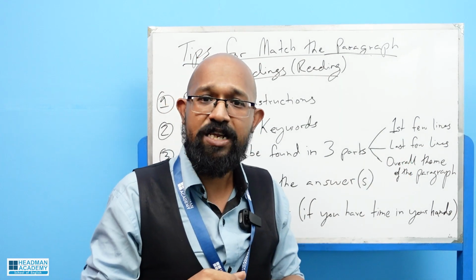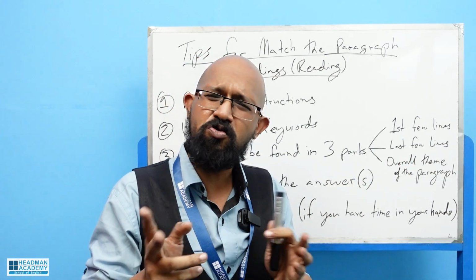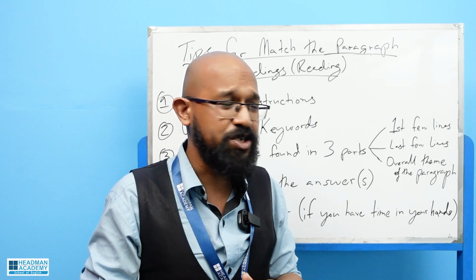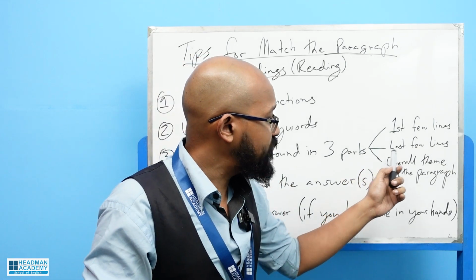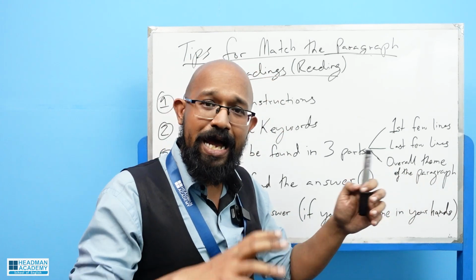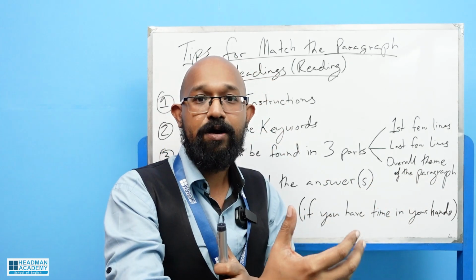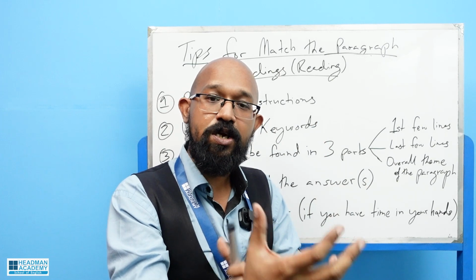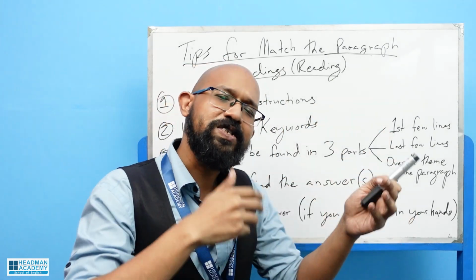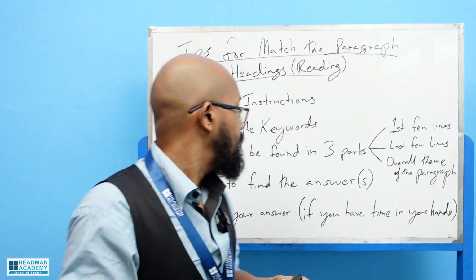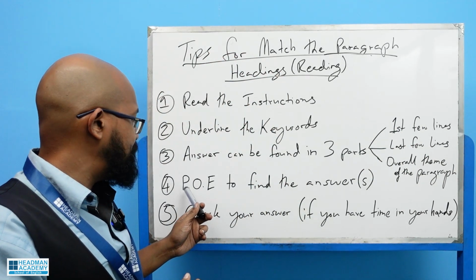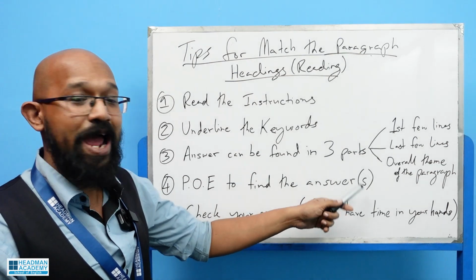What I mean by first and last few lines is about 2 to 4 lines on average. If not, there is a special circumstance where you have to read the whole paragraph and understand the message in that paragraph. And from that message, you'll have to look at the list of options and figure out which is the correct solution.